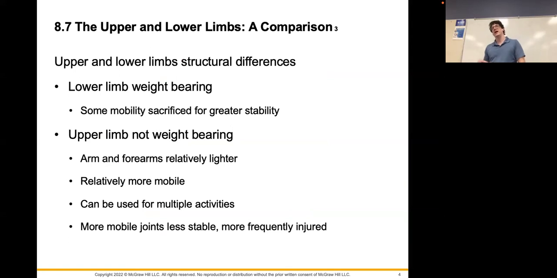However, it would be bad if we used the same amount of force to pick up an egg as we do to kick a soccer ball. Those are two very different circumstances. We need very different types of muscles attached to those. We also need a lot more finesse in places like our hands because of that. We don't want to break that egg that we're trying to eat.